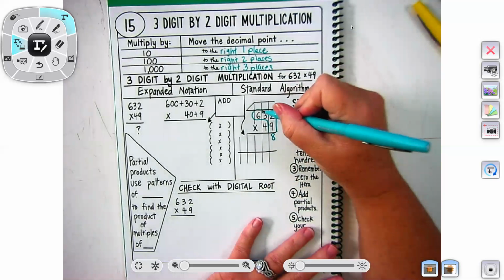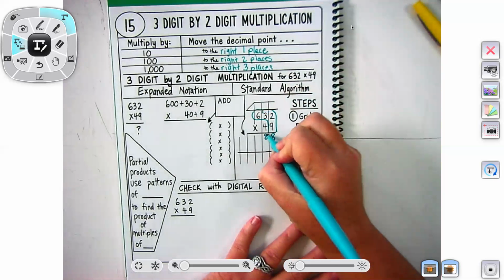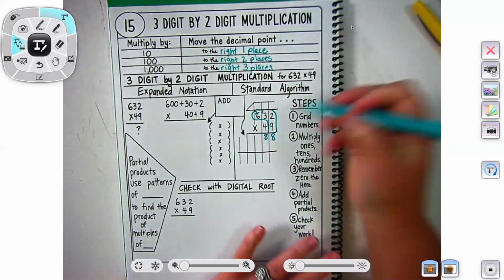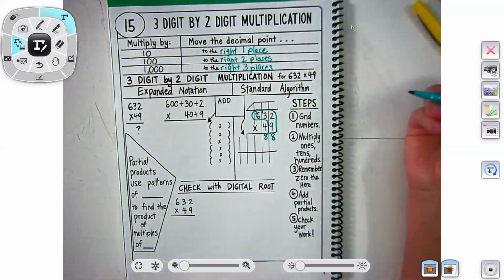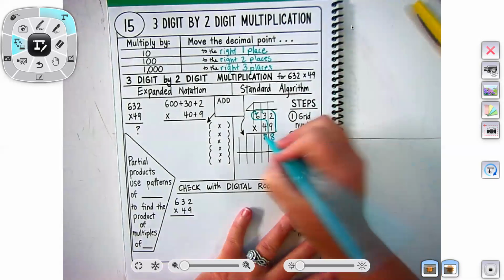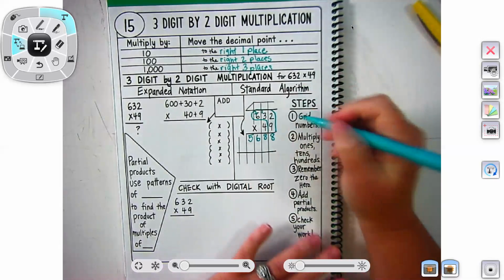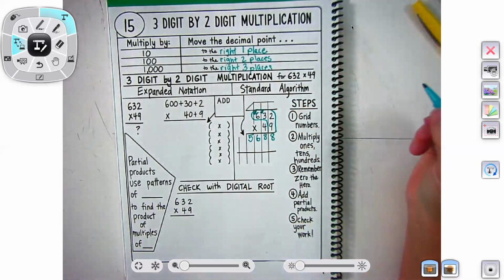Then I have to add the 1, which gives me 28. So I'm going to put my 8 down, carry my 2. Then I do 9 times 6, which is 54. Then I'm going to add 2 to 54, which gives me 56. That's my beginning row. Then I'm going to mark out those that I just used.